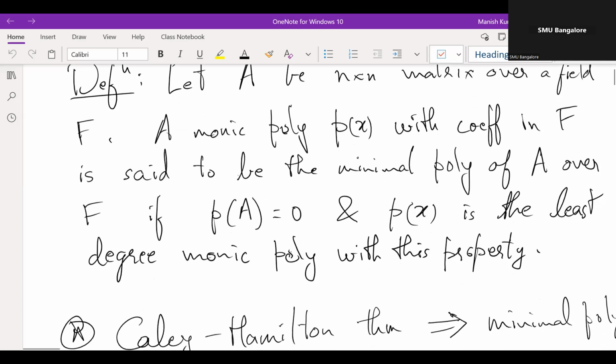It's defined to be such a monic polynomial such that p(A) is 0 and this polynomial has the least degree with this property.